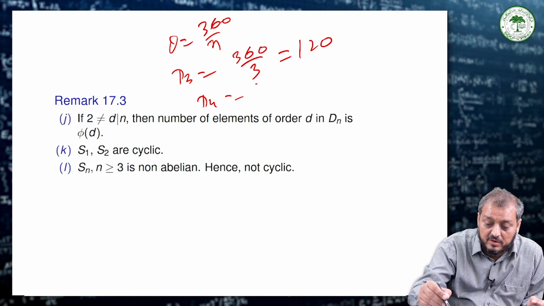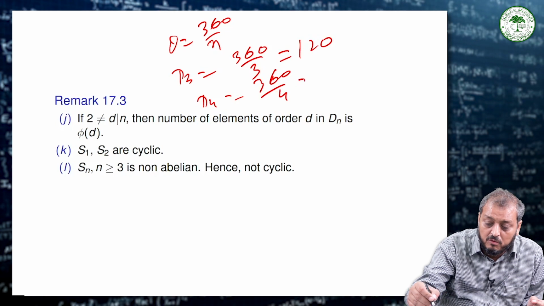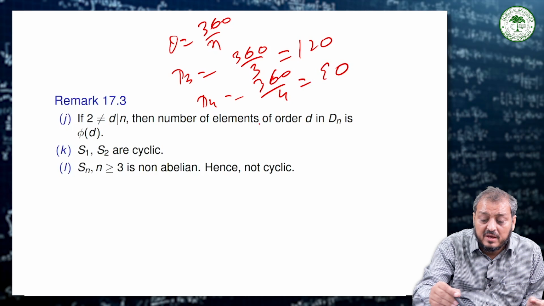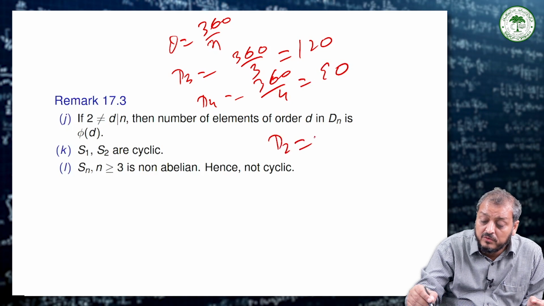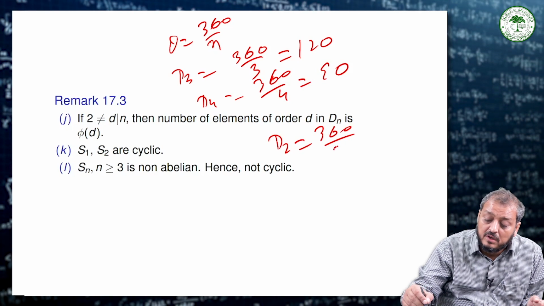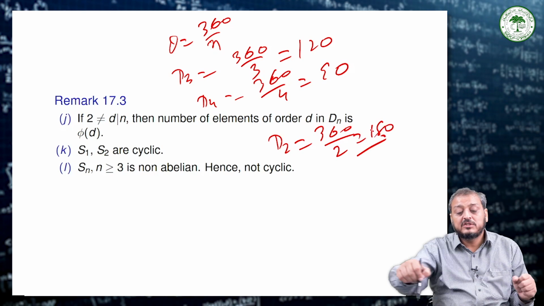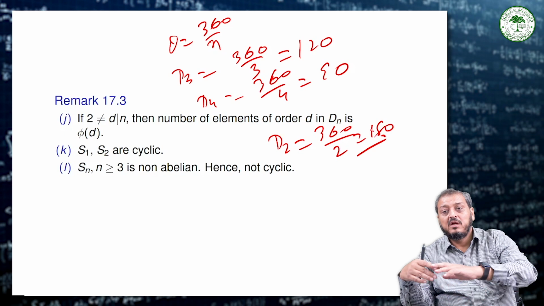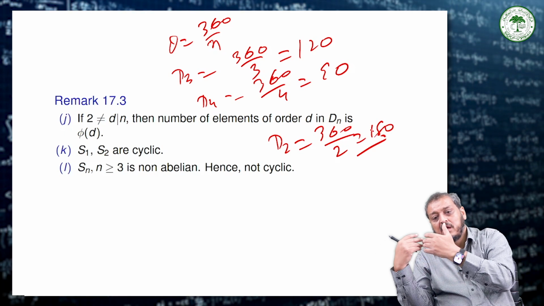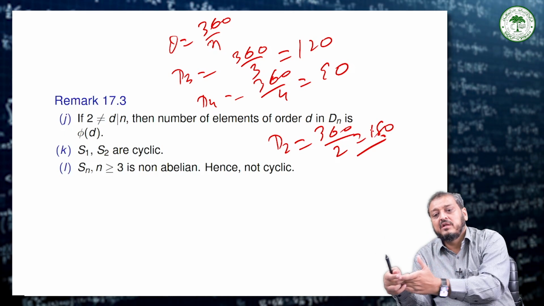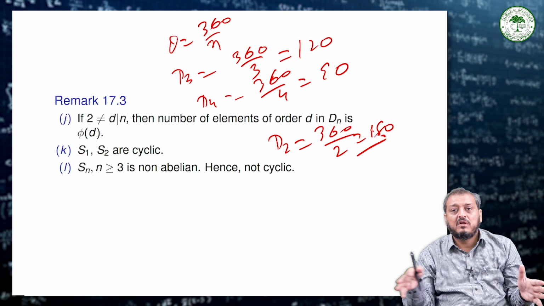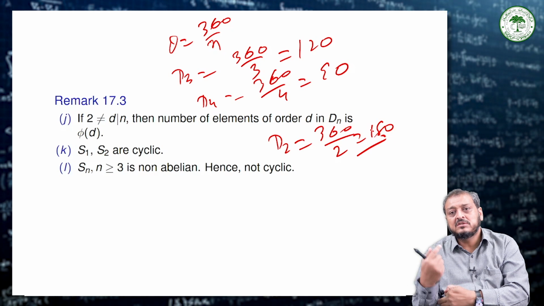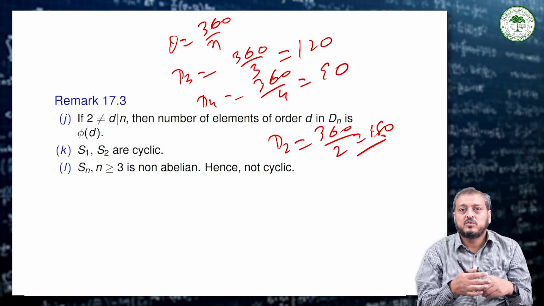D4 is 360 upon 4, so we have 90, and D2 is 360 upon 2, equal to 180. That is why I started the rotations with 180 degrees, 90 degrees, 120 degrees, and 90 degrees for all these three: rectangle, equilateral triangle and this square.